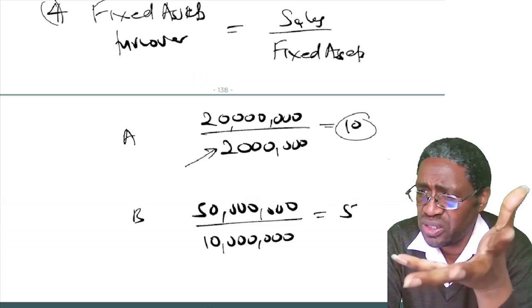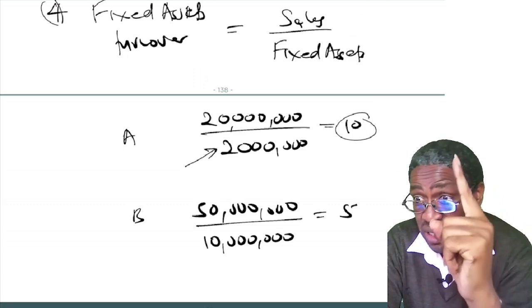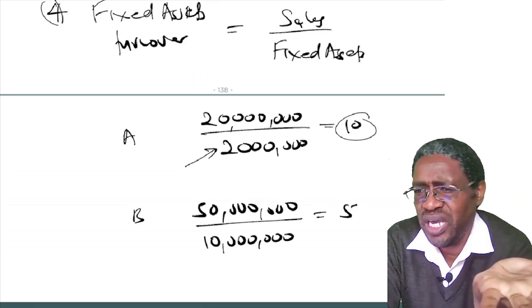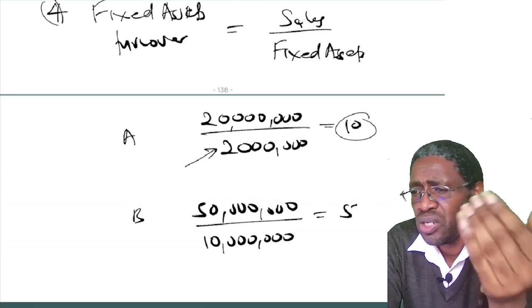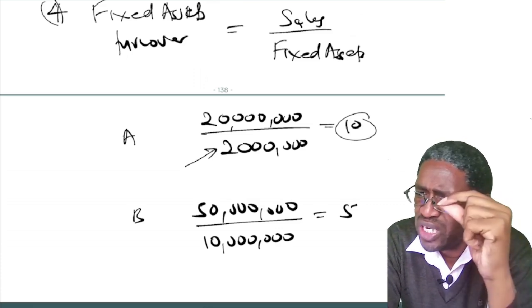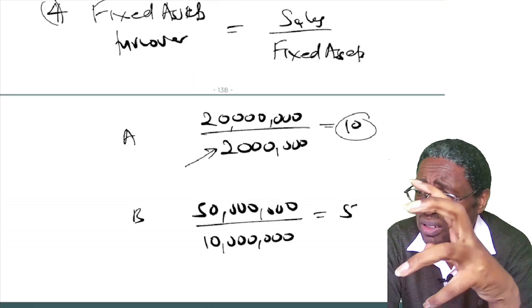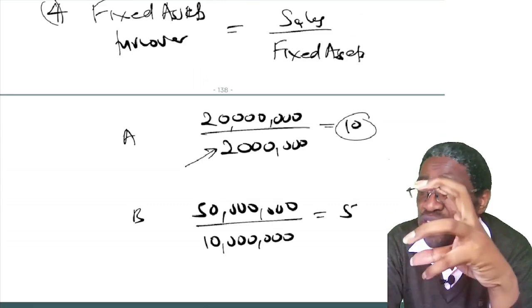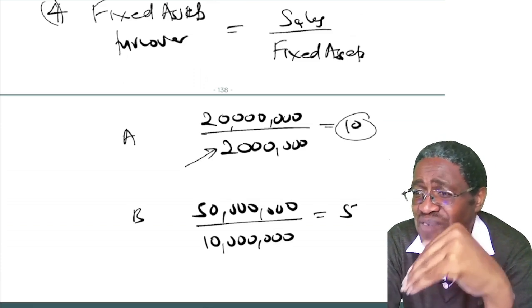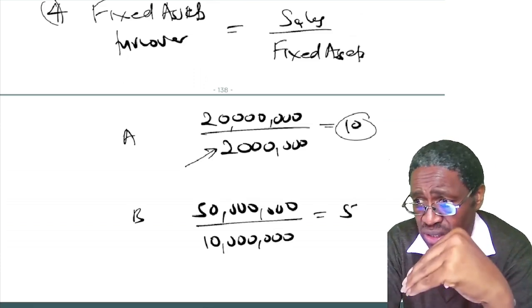It is obvious company A is better. Though the sales of company B are more, and the fixed assets of company B are more, we are not looking at the magnitude of their sales or their fixed assets. We are looking at the ability to utilize the available resources.